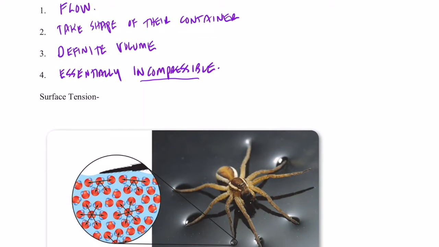A couple of vocabulary terms related to liquids. The first is surface tension. Surface tension is the energy required to increase the surface area of a liquid.